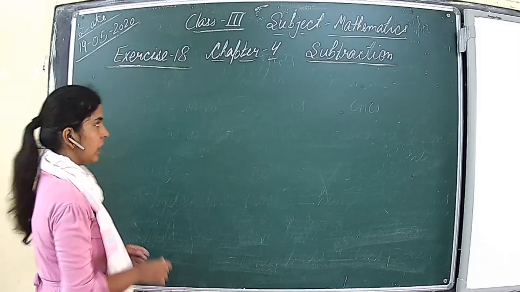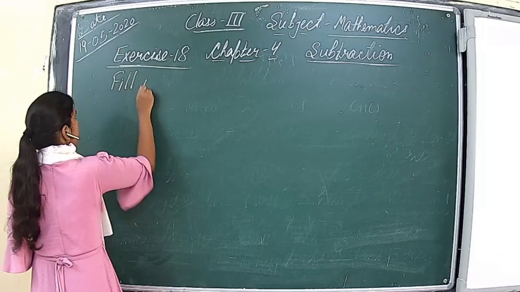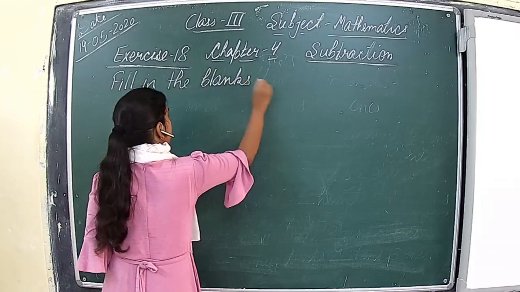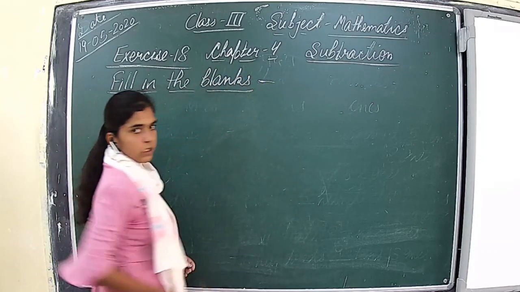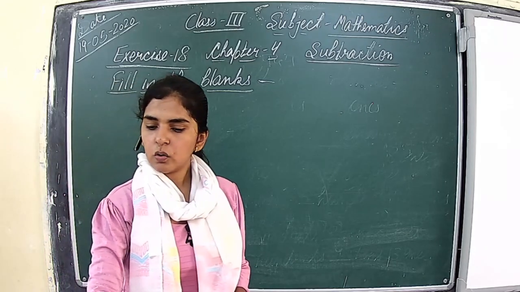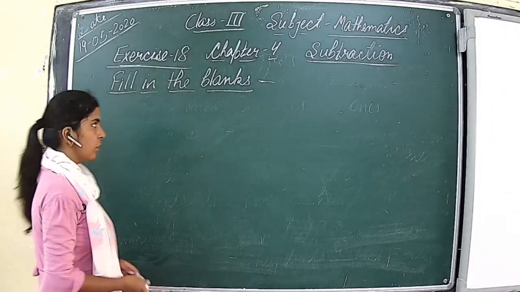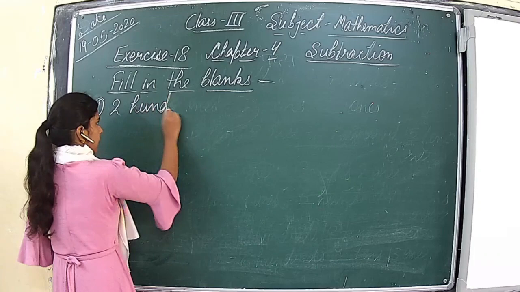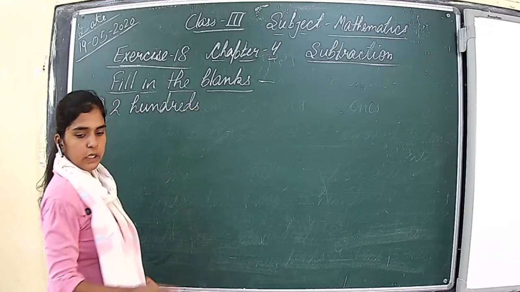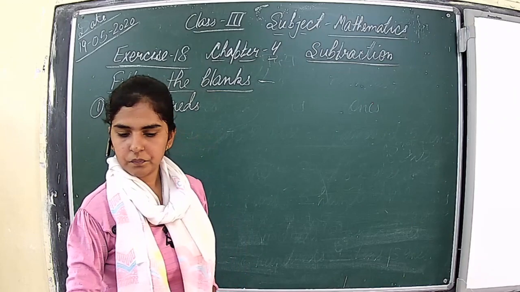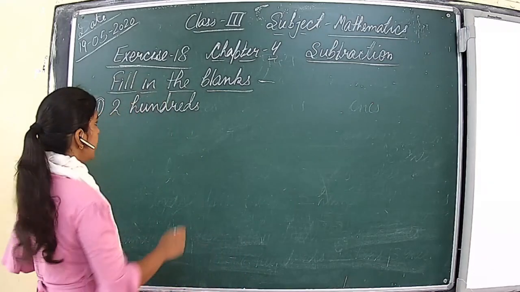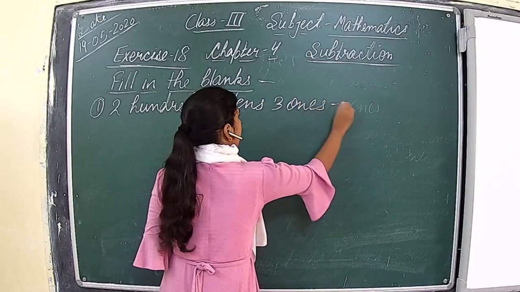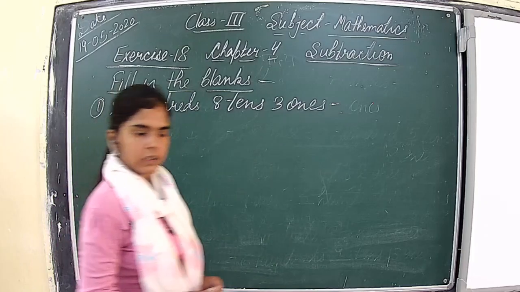Question number 1, fill in the blank. First question: 200, 8 tens and 3 ones minus 4 tens and 8 ones.